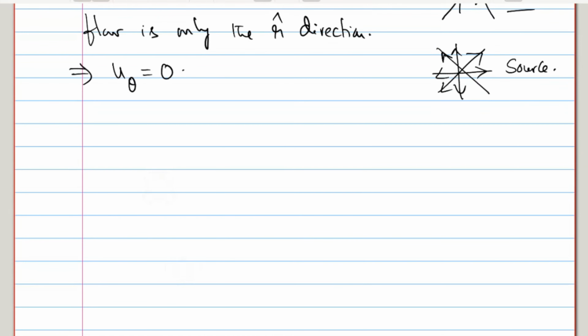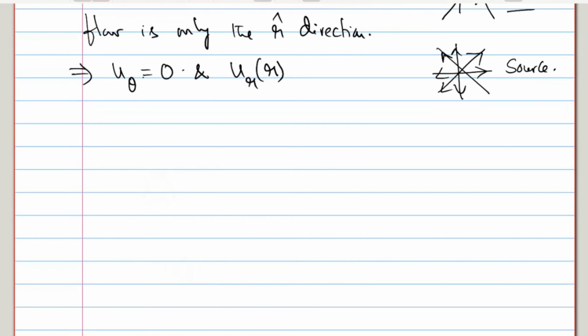And not only this, UR, the R component, is purely a function of R. Otherwise it changes, no? It's only straight lines. So that is the reason it is only a function of R. So that is UR of R in the direction of R cap.